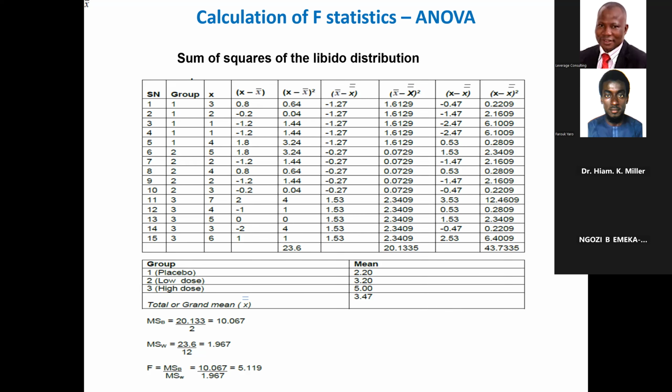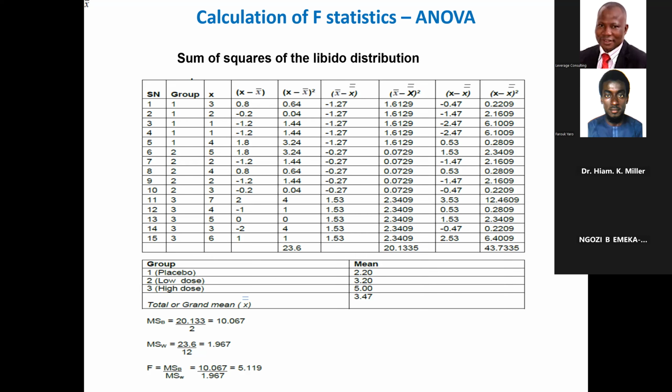So what this is telling you is that the variance between the groups is 10.067, but the variance within the group is 1.96. So now our test statistic is variance between divided by variance within.